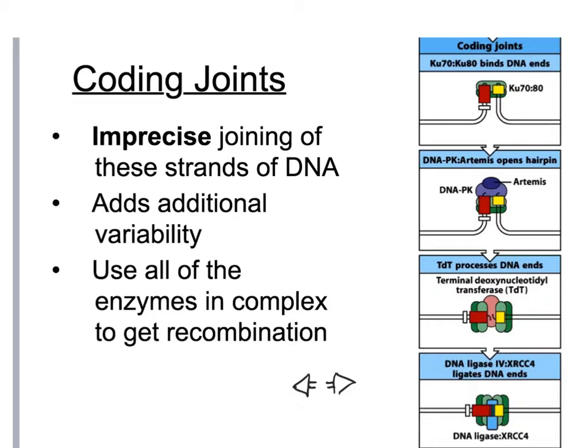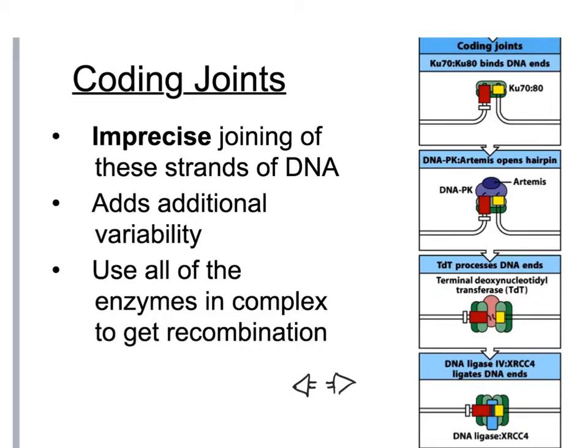Felix? A phosphodiester bond. That's all it is. It's creating a phosphodiester bond so that these two are ligated. There's no funny business in between here. Over here, we're going to have funny business.